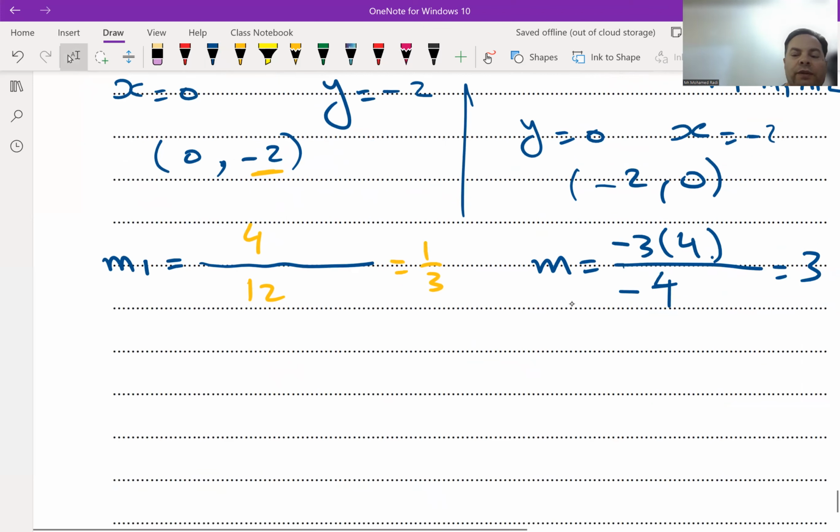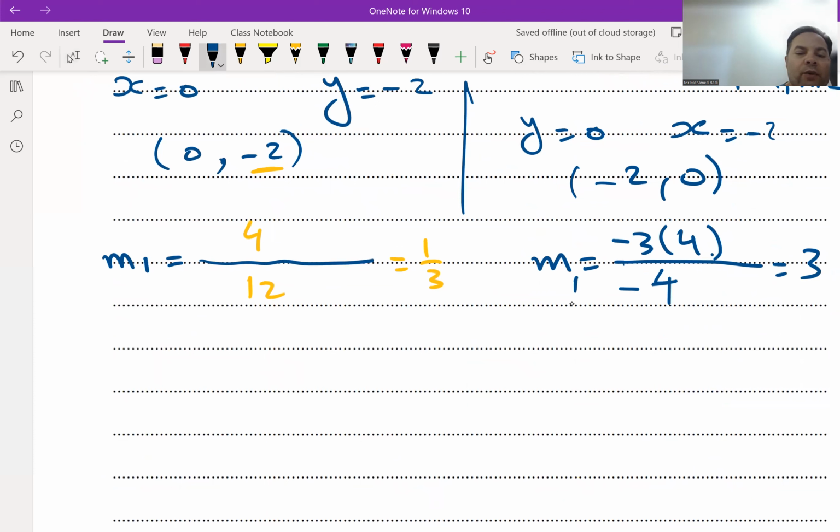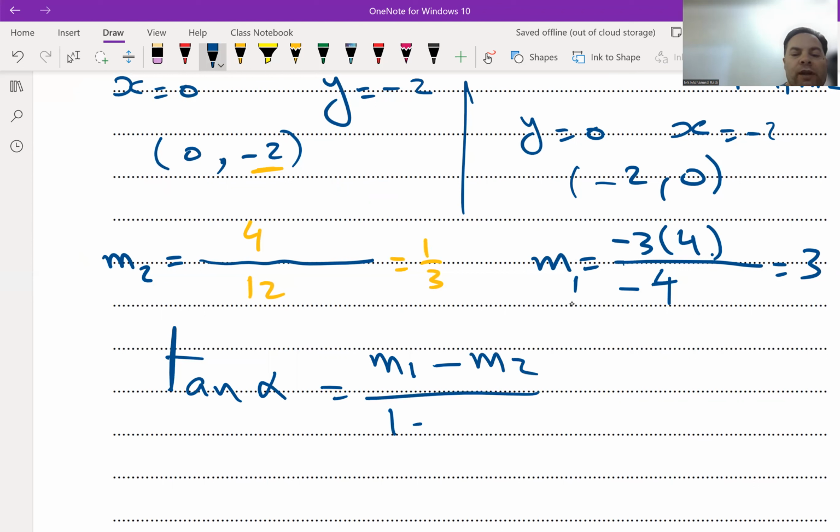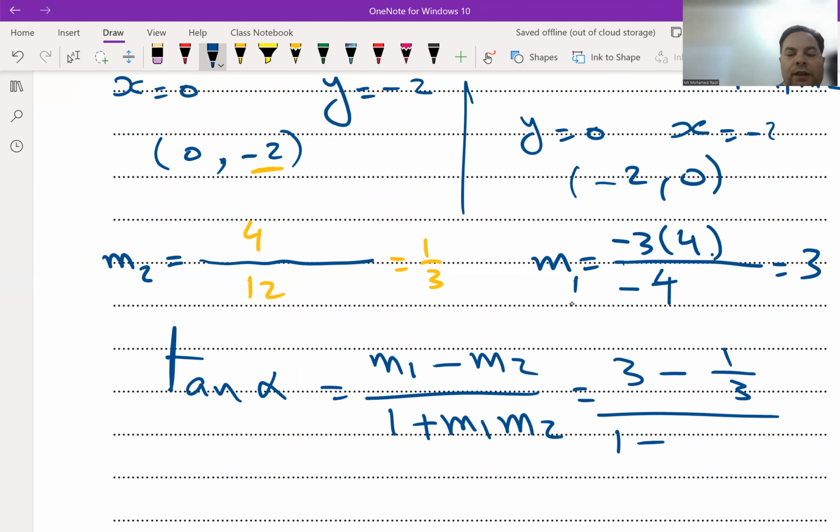Now, I will use M1 to be the bigger one, 3, and write the other one as M2. For tan alpha, the angle in between, apply this formula: M1 minus M2 divided by 1 plus M1 M2. So M1 is 3 minus a third, all divided by 1 plus 3 times a third.